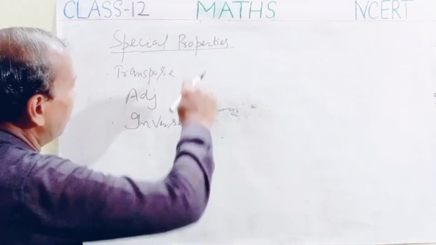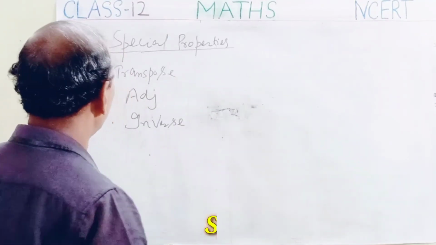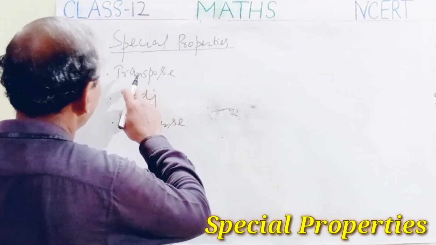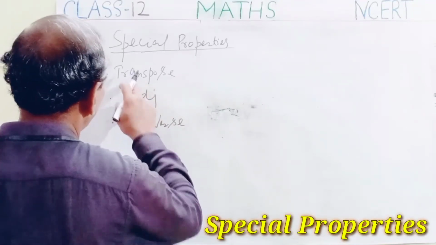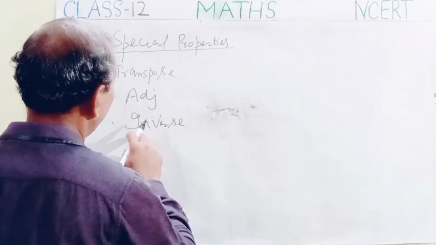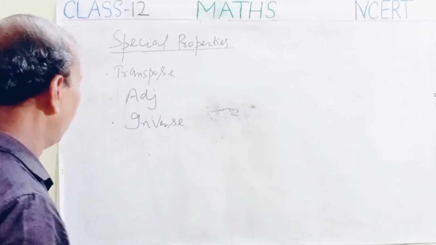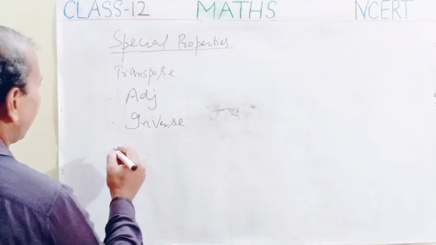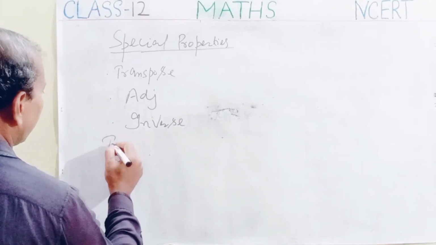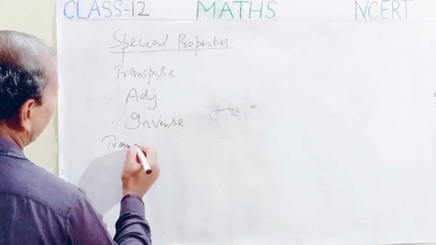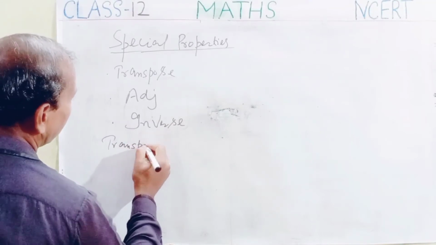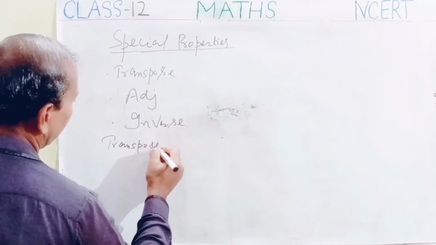We'll see the special properties of matrices, and in this case they are transpose, adjoint, and inverse. Let us take the first one, that is transpose.